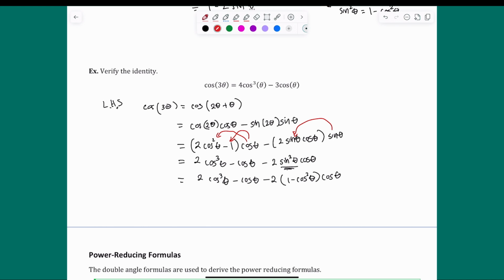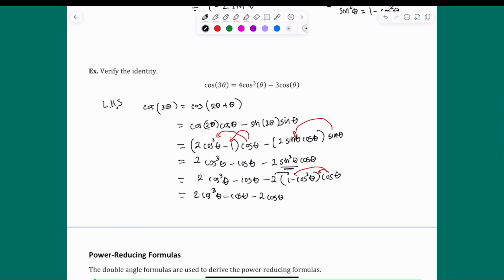And then now, using some algebra, we can distribute and also distribute the 2. But in any case, what do we have left? We're going to have 2 cosine cubed theta minus cosine of theta, and then minus 2 times 1 times cosine, so we have minus 2 cosine theta there.